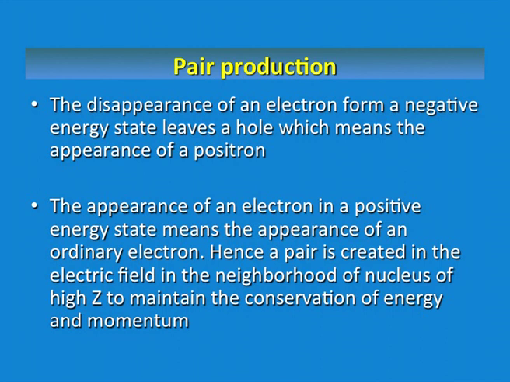The appearance of an electron in a positive energy state means the appearance of an ordinary electron. Hence, a pair is created in the electric field in the neighborhood of the nucleus of high atomic number Z, to maintain the conservation of energy and momentum.